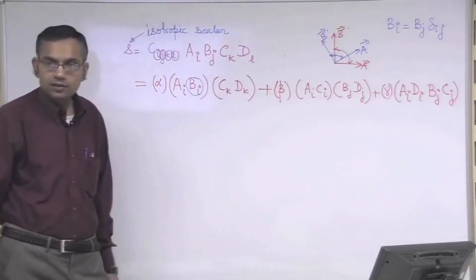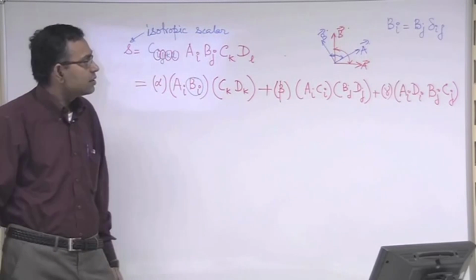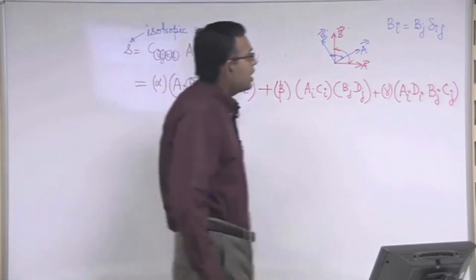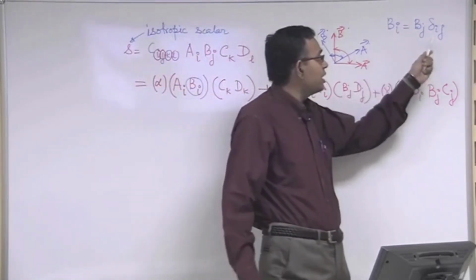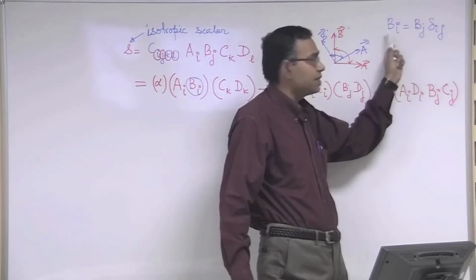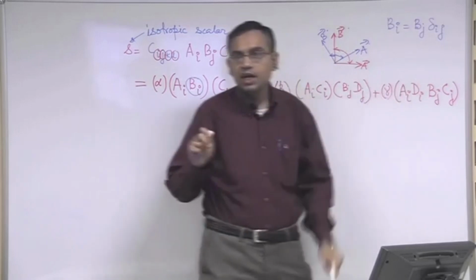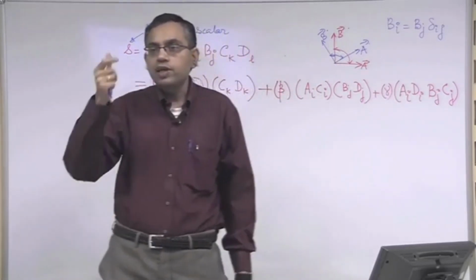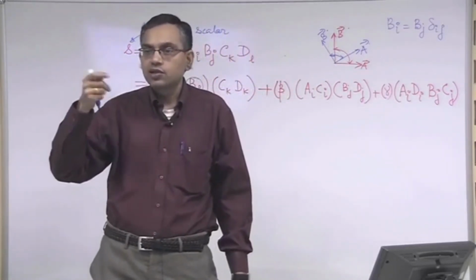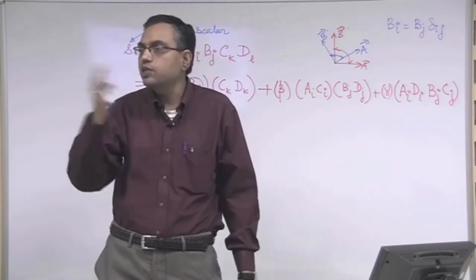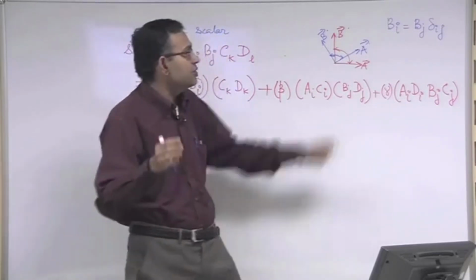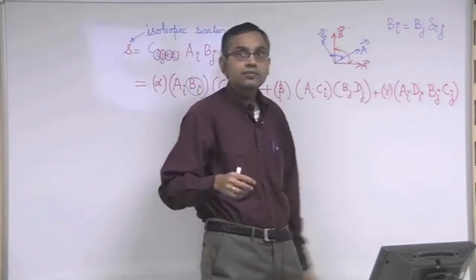Why? Because delta Ij is equal to 1 only when j equals I, then this j becomes I, so it becomes Bi. So this is a trick by which you can switch indices. If you want to switch from I to j, j to I, you can use this Kronecker delta.